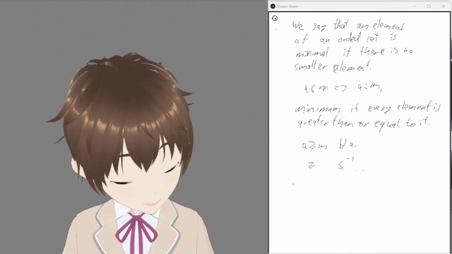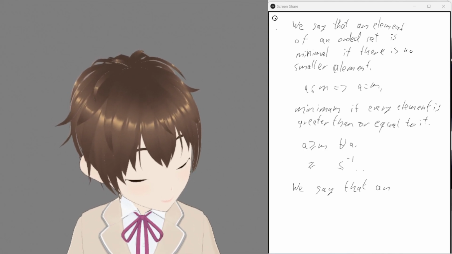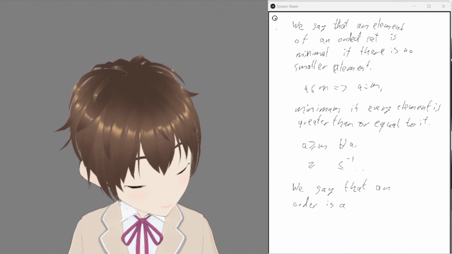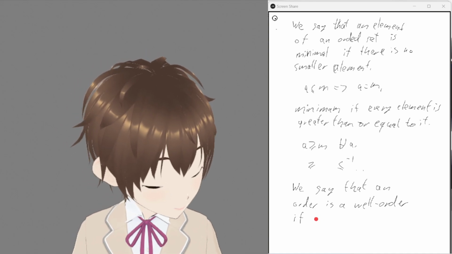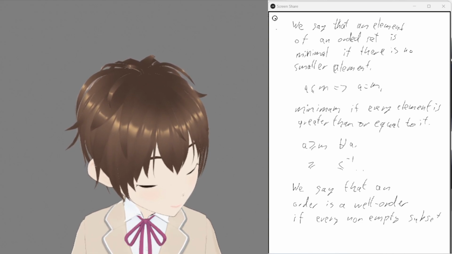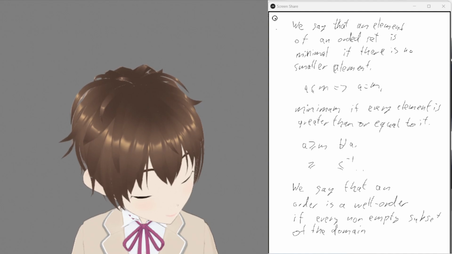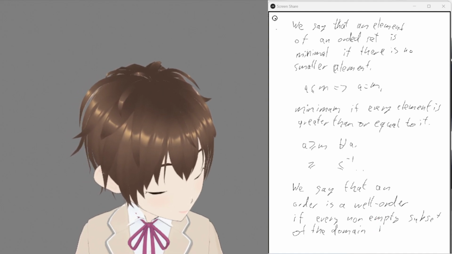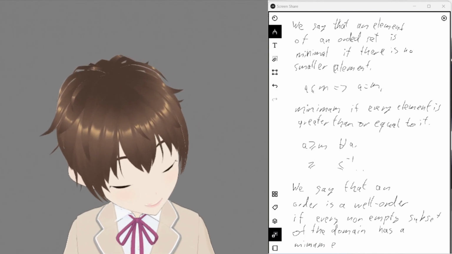And the last definition, we say that an order is a well order if every non-empty subset of the domain has a smallest element, has a minimal element, or minimum element, and the order is a total order.